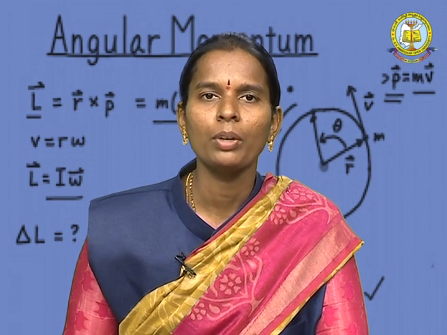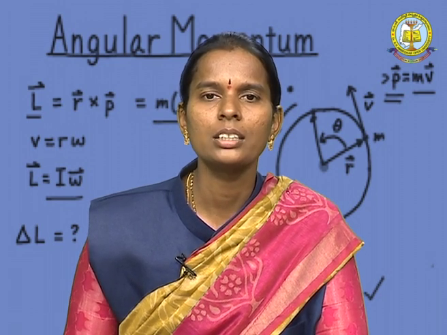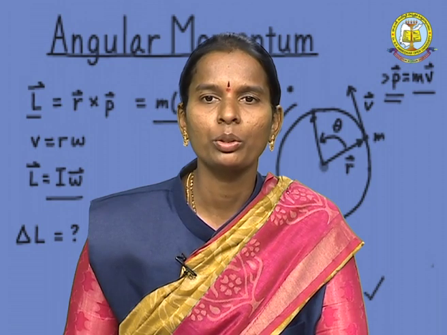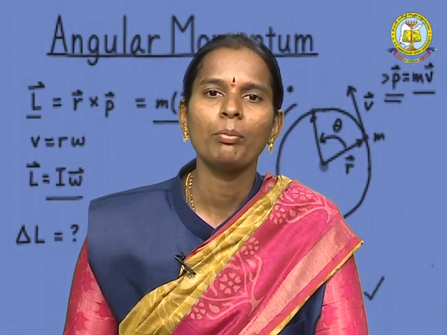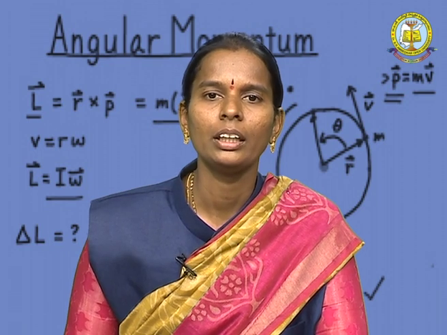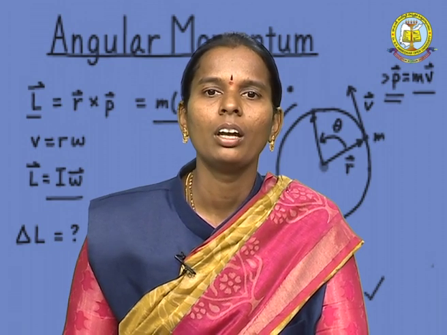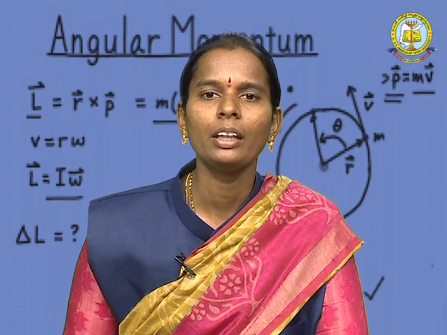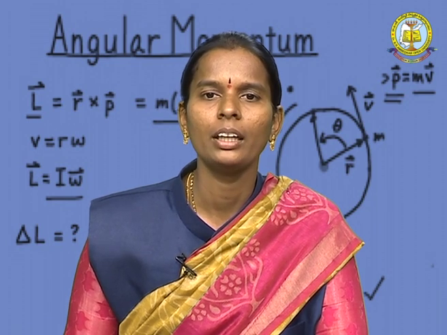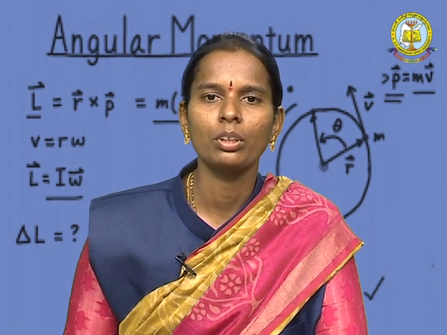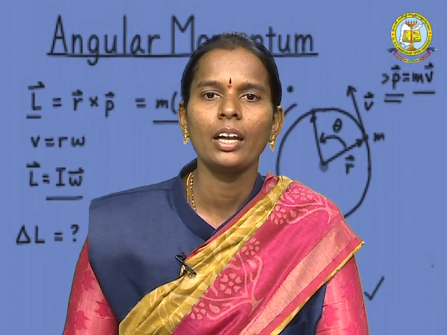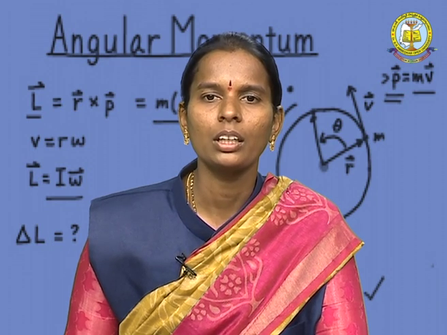Angular momentum L is equal to r cross p. Differentiating the angular momentum with respect to t, dL by dt is equal to d by dt of r cross p, which is r cross dp by dt plus dr by dt cross p. Here, for the first term r is constant and we differentiate p, and for the second term p is constant and we differentiate r.